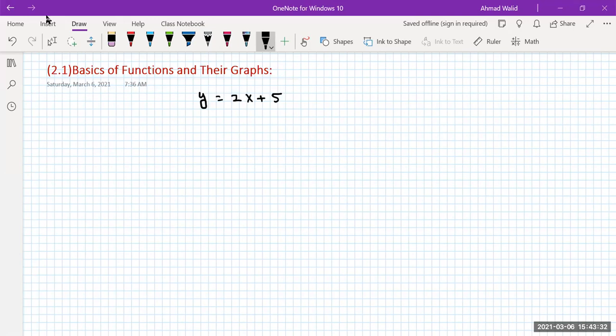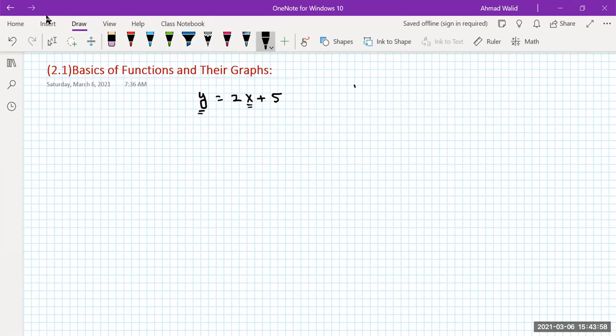In chapter 1, I explained to you that any equation in two variables, you can graph it, right? Two variables means you have y and you have another variable x. You can graph these types of equations, correct?